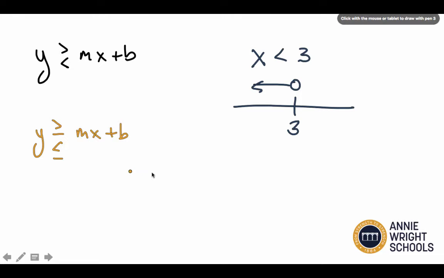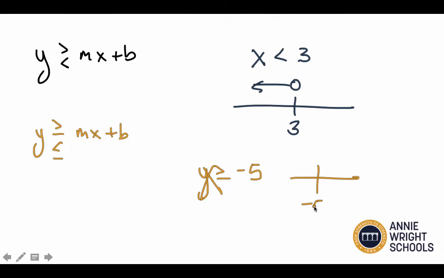Or down here, we might have graphed x is greater than or equal to -5, and we would have a -5, and we'd have a closed circle, and we'd point this way. Well, now we're just extending another dimension here, right?